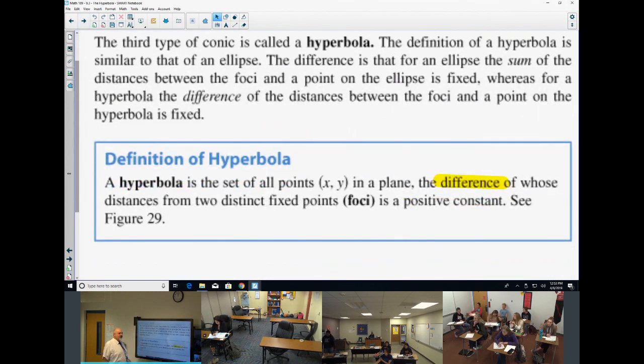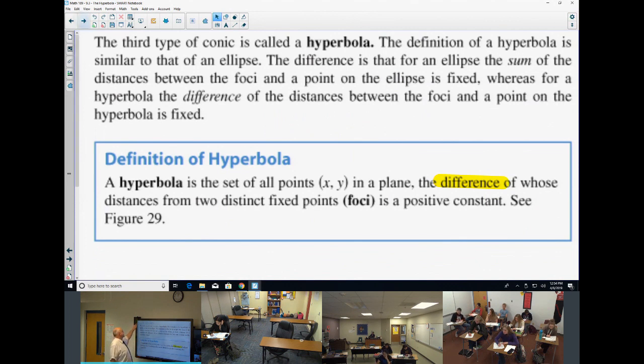The big difference between the hyperbola and the ellipse is that while the ellipse is the set of all points where the sum of the distances to the foci is constant, the hyperbola is the set of all points where the difference between the distances is constant.